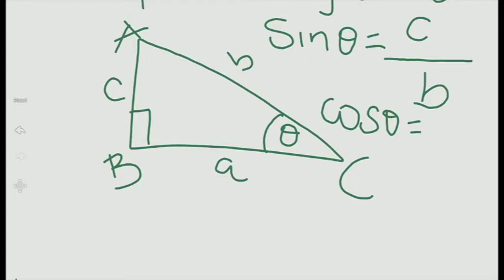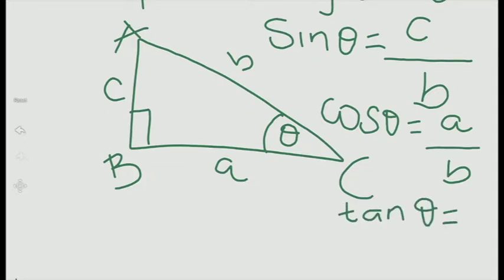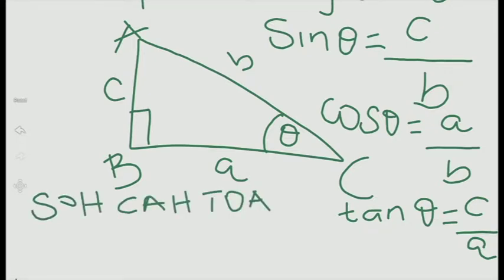In our case, the adjacent is A over B. And then we have the tangent of angle theta, which is the opposite over the adjacent, so opposite being C, adjacent being A. So sine is opposite over hypotenuse, cosine is adjacent over hypotenuse, and tangent is opposite over adjacent.